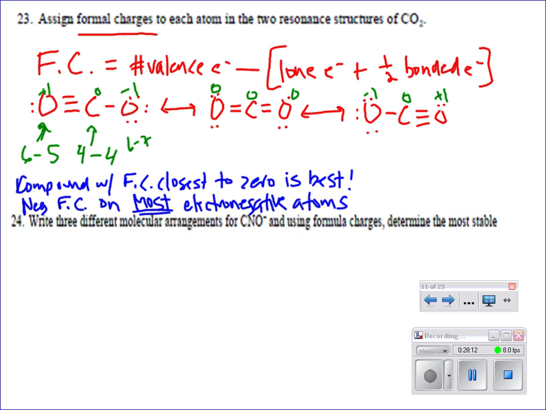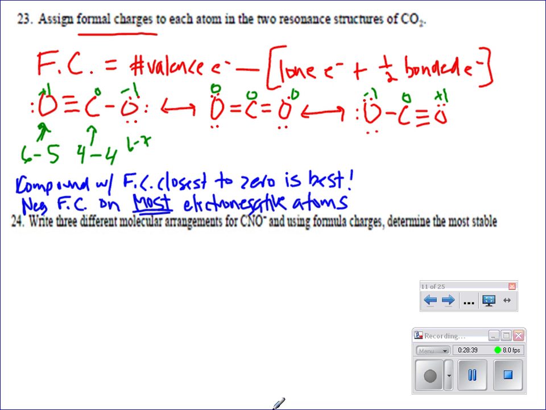Let's think about what formal charge means. Valence is how many electrons an atom is used to having, right? On a daily basis, that's how many I have. Well, subtracting from that is how many electrons it has in a given situation. So if I have a formal charge of 0, it means I've got the same number of electrons I always have. That's cool. I like that. But what if I have a negative formal charge?